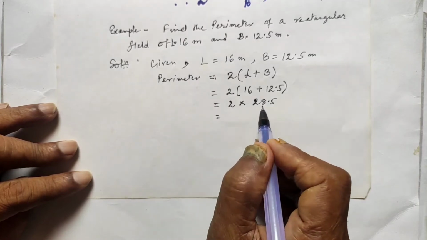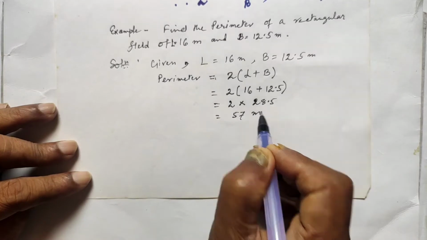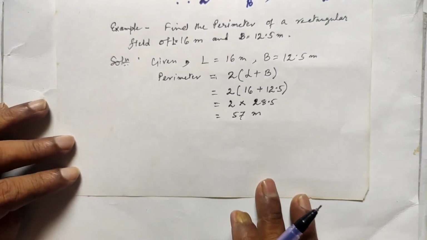Then you multiply by 2, and you will get 57 meter, that is your perimeter.